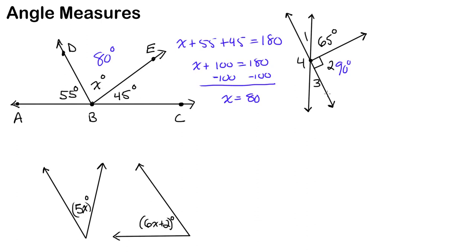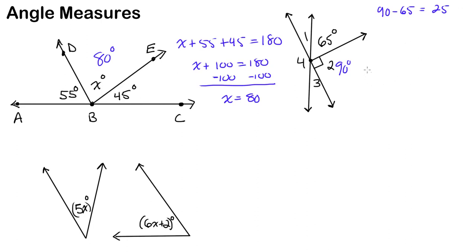Well, if angle 2 is 90 degrees, and angle 2 combined with the 65 degree angle and angle 1 make this straight angle, so these three angles have to add together to make 180, which means if this side is 90, this side is 90 because 90 plus 90 is 180. So I can very simply subtract 90 minus 65, and I find that angle 1 measures 25 degrees.